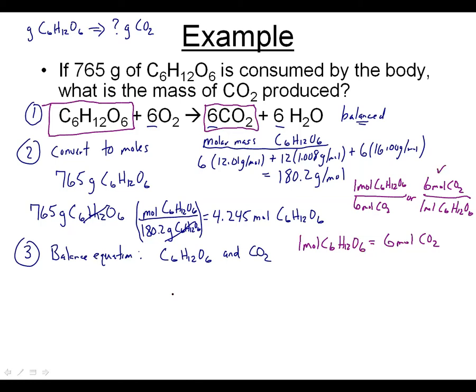So we're going to take our 4.245 moles from the previous step. We're going to do the stoichiometry part, which again comes from the balanced equation. We're going to put the moles of C6H12O6 on the bottom, the 6 moles of CO2 on top. That is the big conversion to go from one thing in the equation to something else.